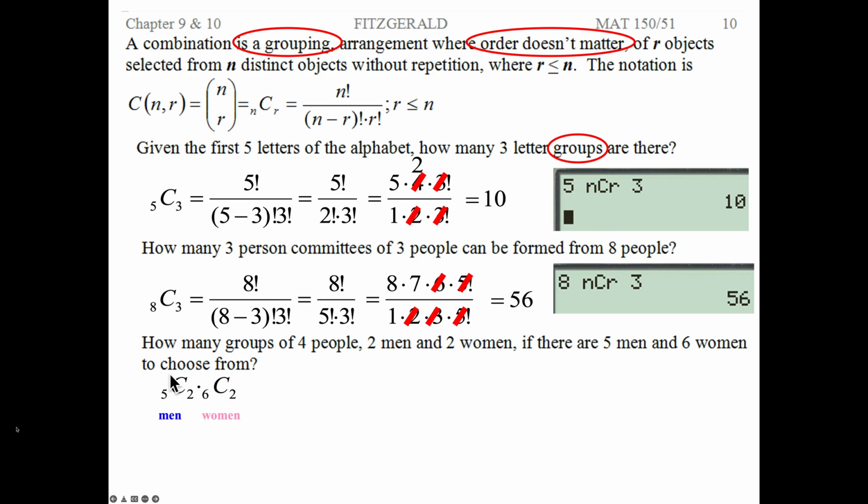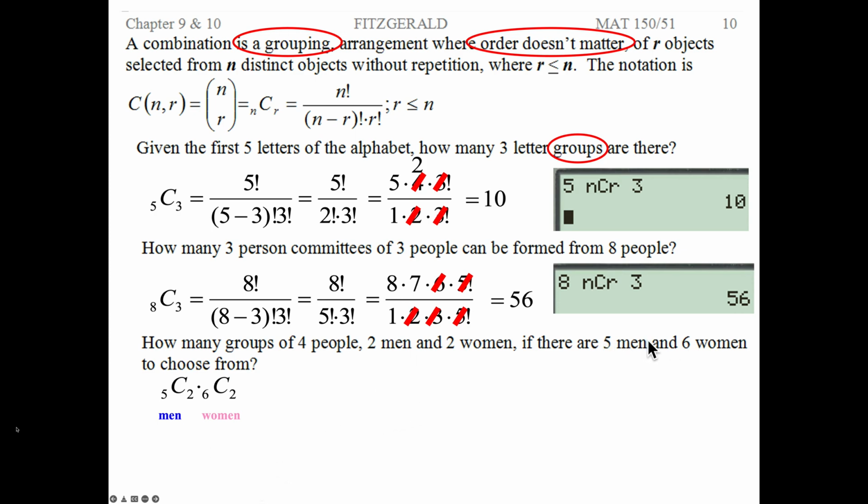Another technique for using combinations: how many groups of 4 people are possible, and you have 2 men and 2 women in this group, if there are 5 men and 6 women to choose from. So here I have to multiply 2 combinations together.